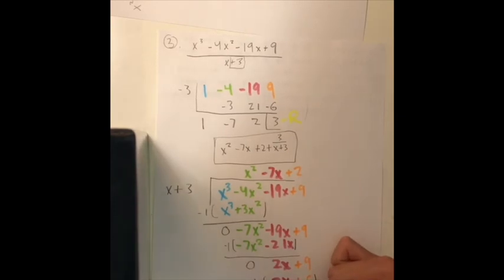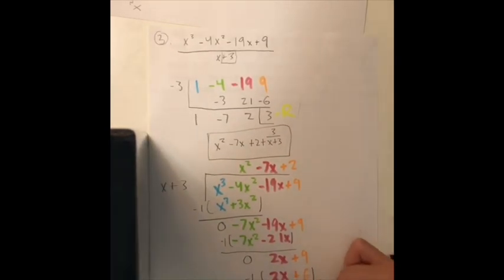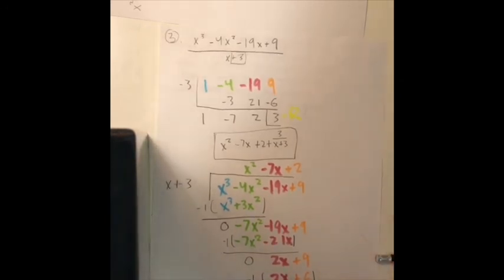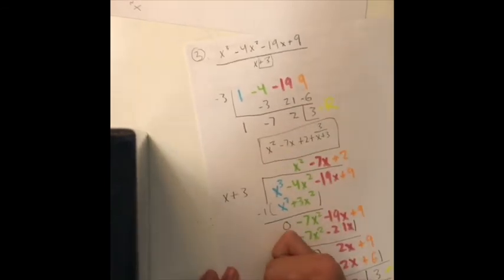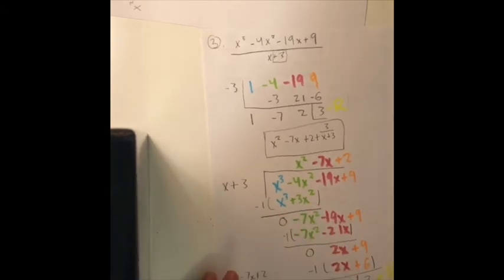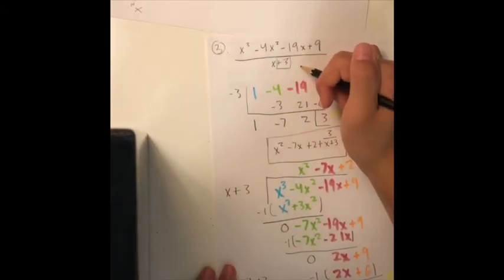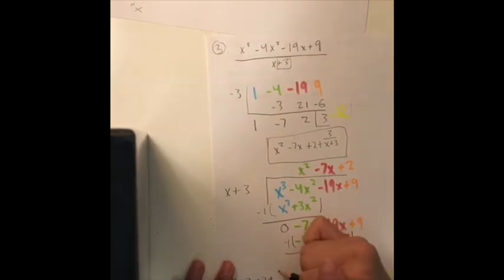And this will be our remainder. And now, we just do this. We take this and add the remainder over the denominator of the original problem. Plus 3 over x plus 3.